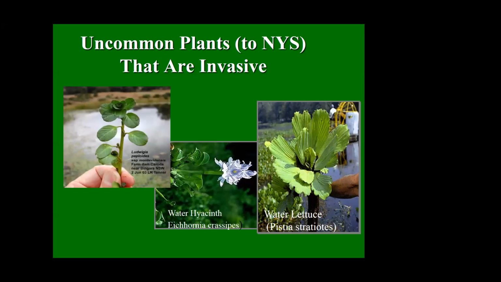The other one, Ludwigia, is another invasive that's showing up. That tends to be a water's edge species. I include these just to make you aware that there are others out there, but we don't anticipate you will encounter any of these. And that's pretty much what I had to tell you today.